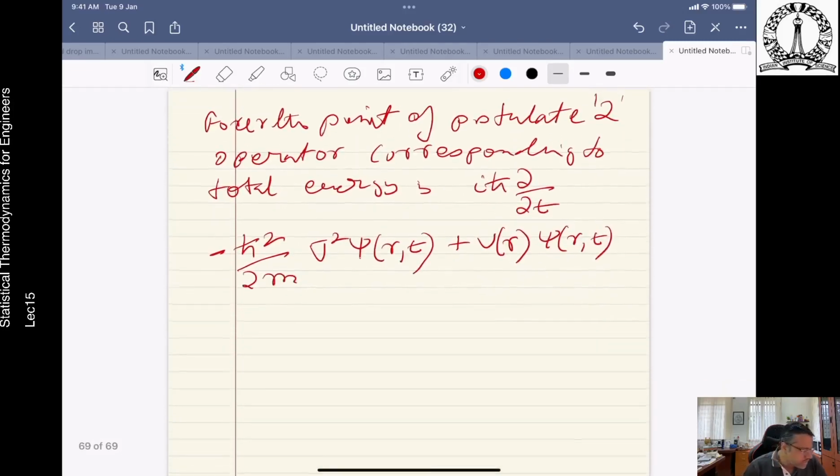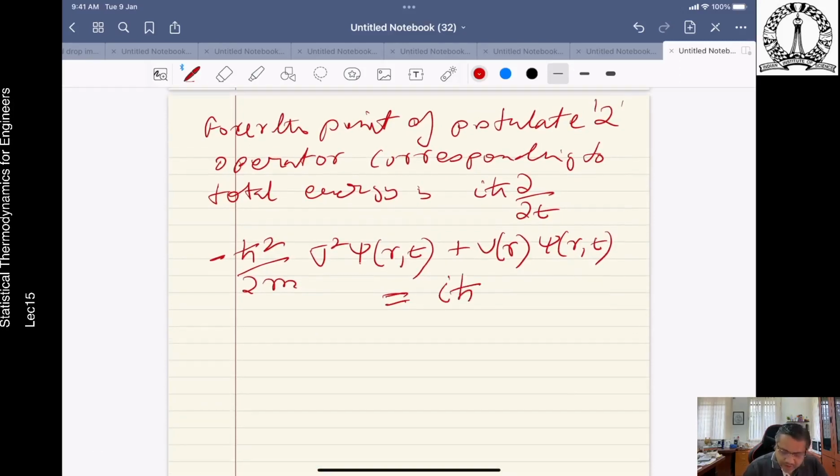This is equal to i h bar, because that is the total energy operator, d psi of r comma t by dt.